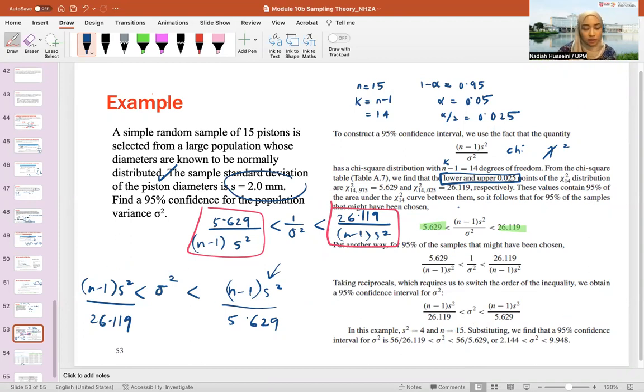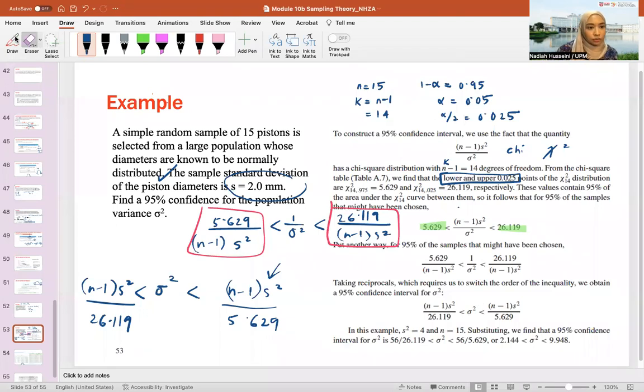So we can just substitute and find out that our variance is between this value and this value. Okay, so a lot of steps. The most important step is to remember to flip this. Find the chi-square distribution, flip it, and then just substitute the values to get your final answer.